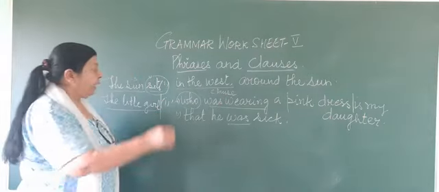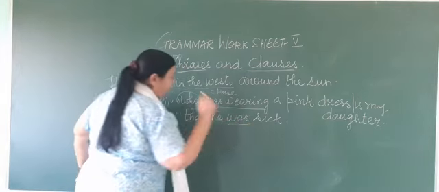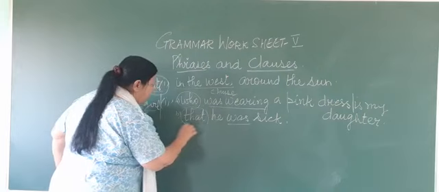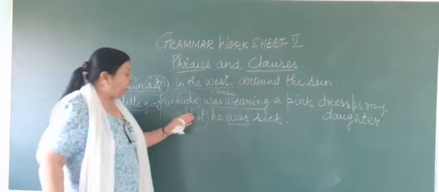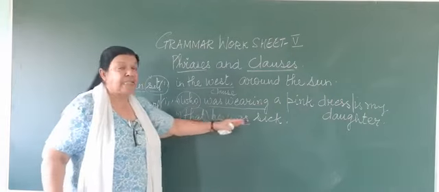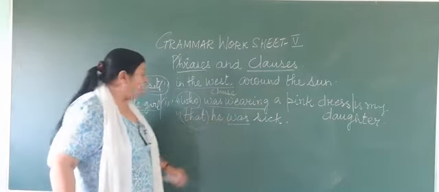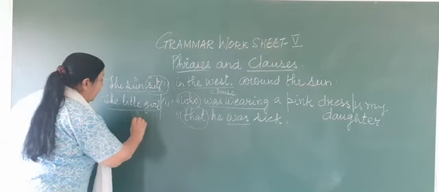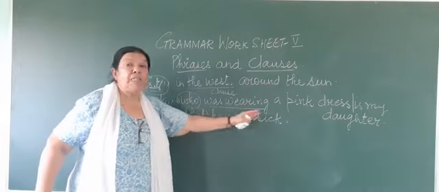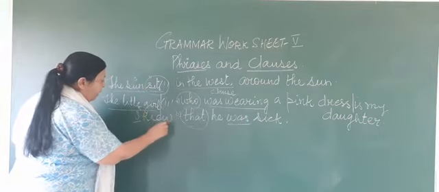Now, in this case, "that he was sick." Again over here, that is a relative or a joining word. It's joining a part of the sentence. "That he was sick," again, does not make complete sense. So, I can say, I knew that he was sick. Now, in this case, I become my subject.